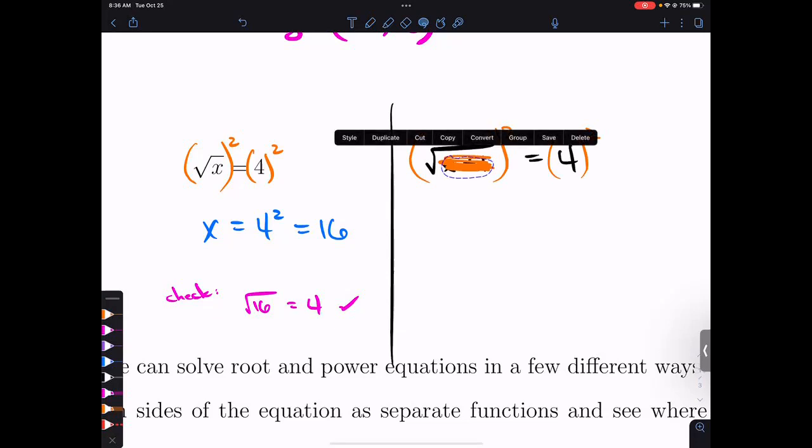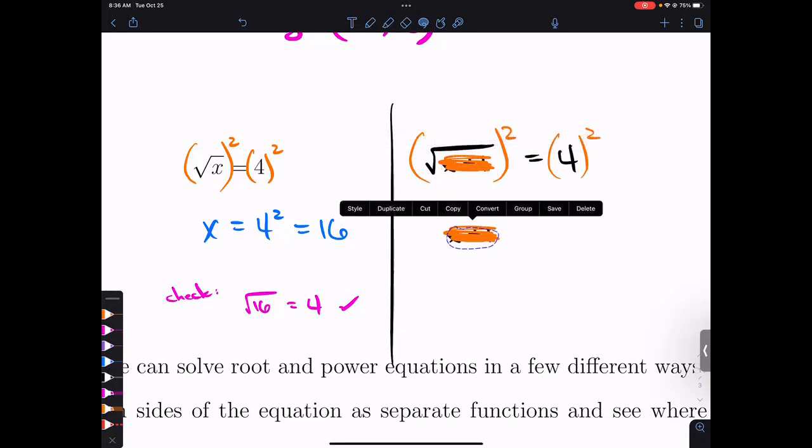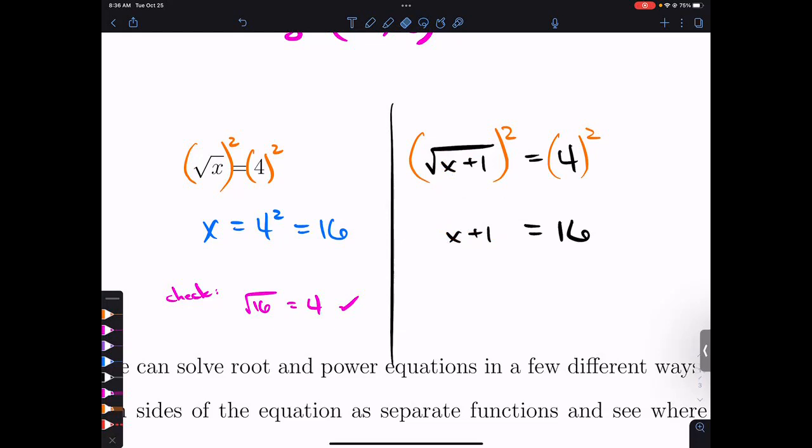So on the left, we get this equals 4 squared, which is 16. And the only difference here from the one that we just did is that we're not quite done yet, right? So what do I still need to do? Subtract the 1. So x is 15.